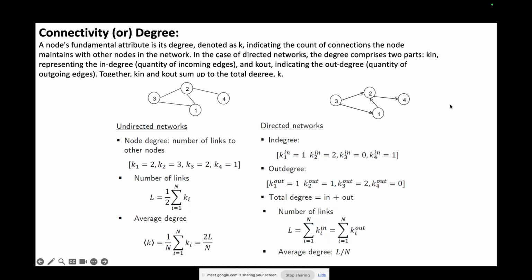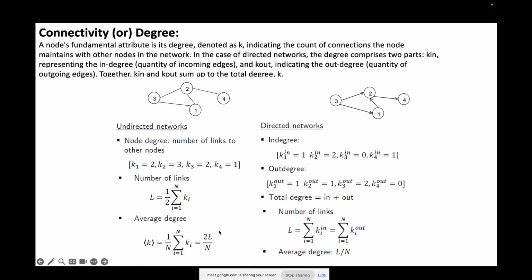Like this, you calculate all the in degrees and out degrees, and for the total degree you just sum up the in degree and the out degree. Since we consider in degree and out degree separately, we do not need the half parameter here. The number of links is given by the total number of in degrees or out degrees, however you want to define it.